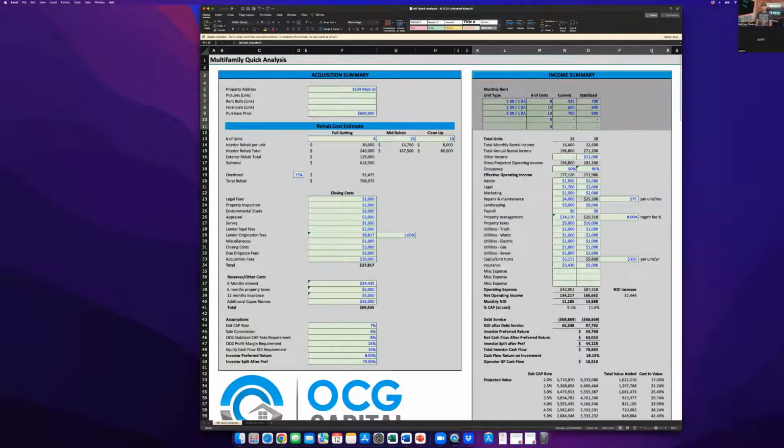And what we're doing is we're analyzing what are the current rents versus the stabilized rents. And so you're pulling the rent rolls and you're saying, hey, I have 10 units that are rented for 600, 3 units for 700, and a one bedroom, 1 bath, 8 of them for 425 a month, which are severely under rented. And here's my market rents, which, to pull these market rents, which a lot of people fail to do correctly, you're pulling specific comps.